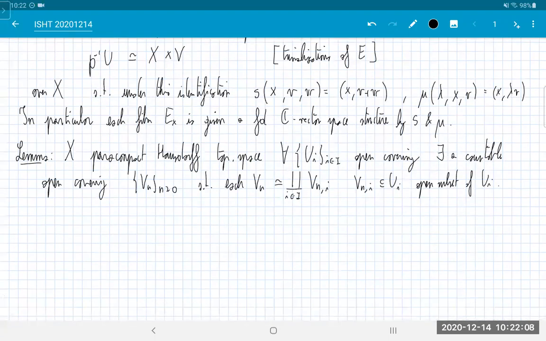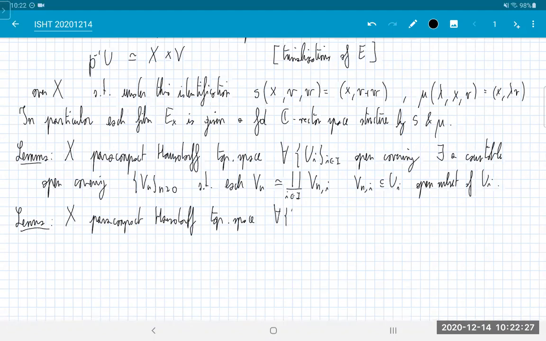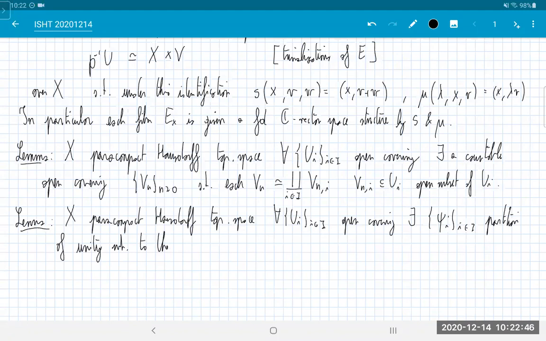So that's fairly easy to prove using the following fact that I'm also not going to prove. If X is a paracompact Hausdorff topological space, in fact you can take this as a definition of this second property, then for any open covering U_i there exist psi_i, a partition of unity subordinate to the covering.